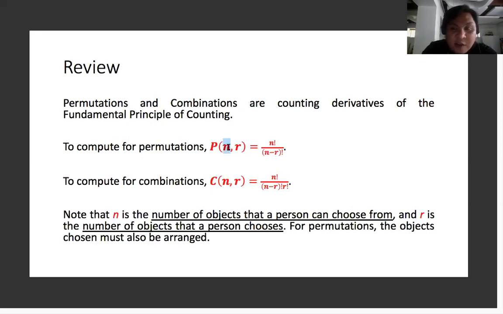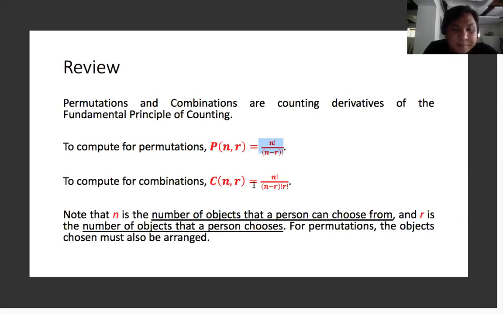First you write how many objects you are going to choose from, and then how many objects you would like to choose. If you would like to choose 2 objects from 8 objects, that could be P8, comma 2, read as P8 taken 2, or it could be C8 taken 2. Notice that permutations can be computed this way. And remember, the exclamation mark is the factorial symbol.